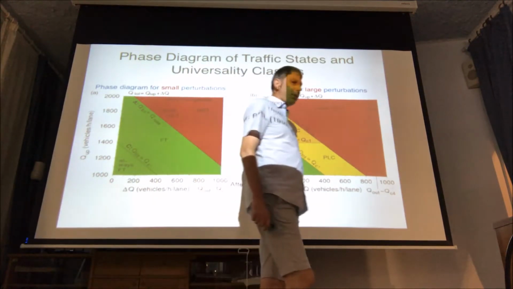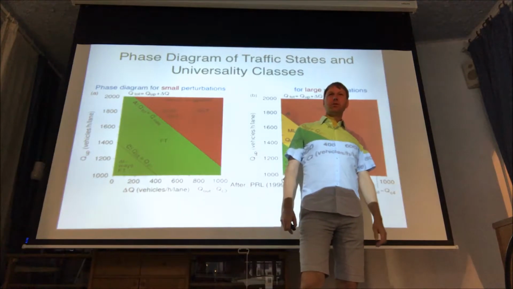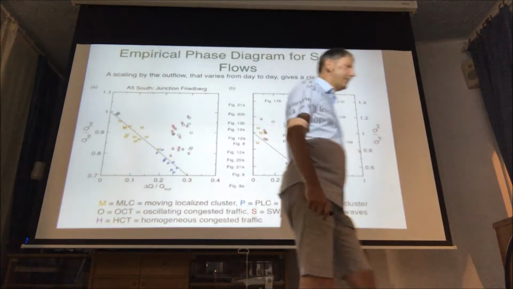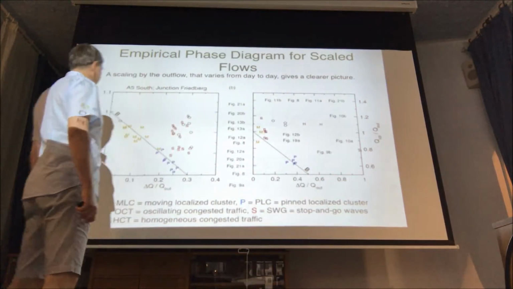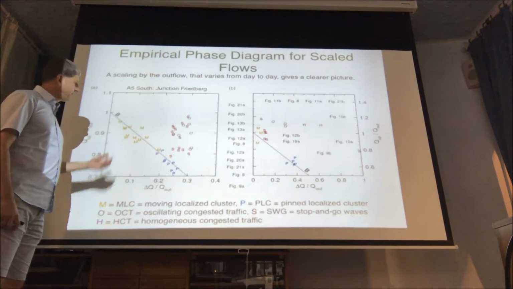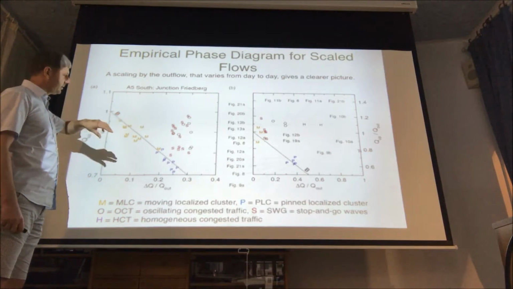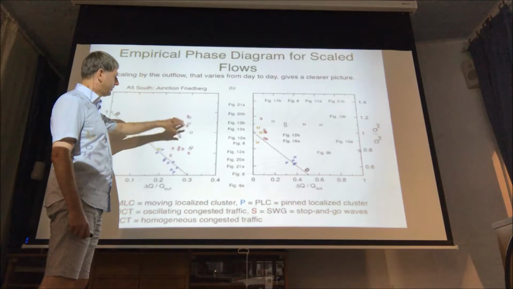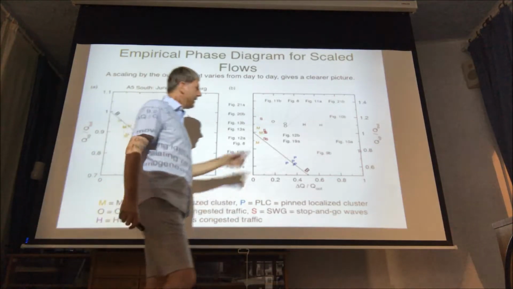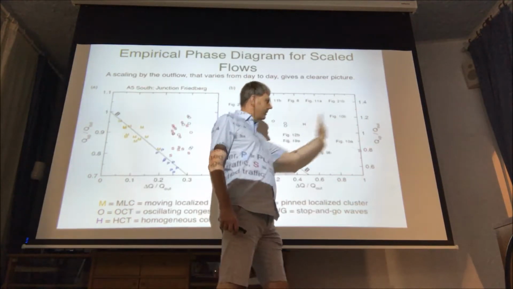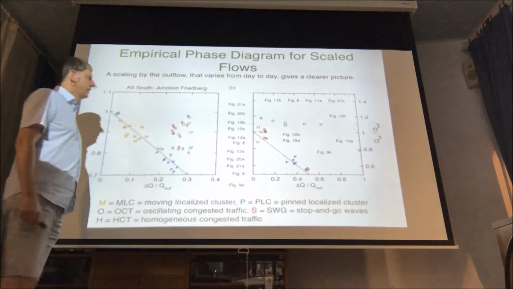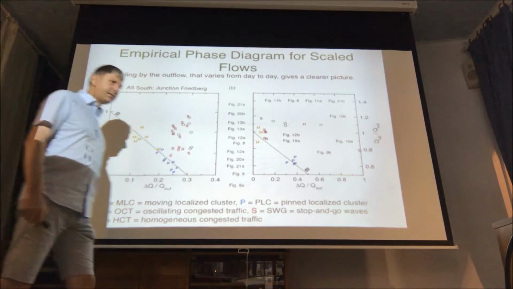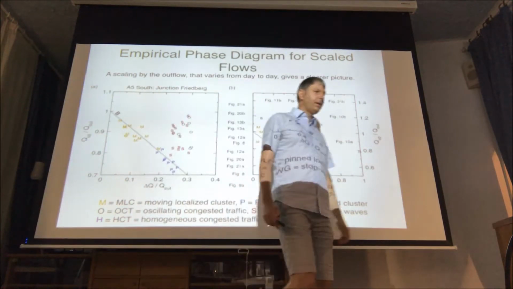And then the question is, how well does it describe actually what we observe empirically? So this is the data. And you can find there's a clear pattern. Here we have the moving localized cluster, we have pinned localized clusters over here, stop and go traffic, oscillating congested traffic, and the homogeneous congested traffic over there, well separated from each other, and it fits actually the theoretical predictions quite well.